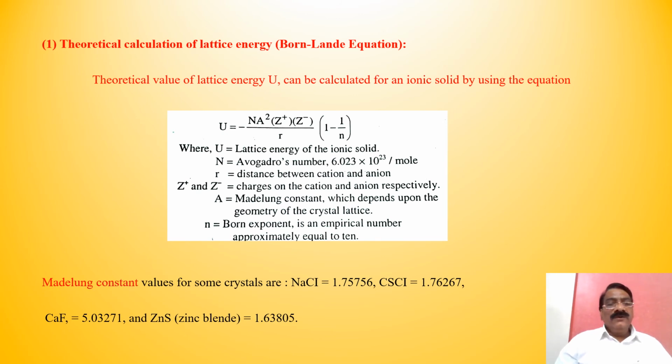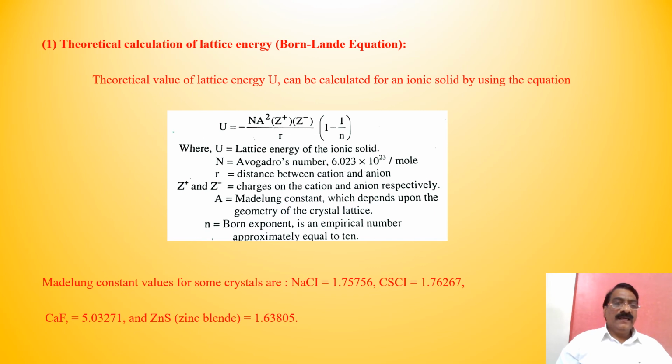Madelung constant values for some crystals are given here. For NaCl it is 1.75756. For CsCl it is 1.76267.